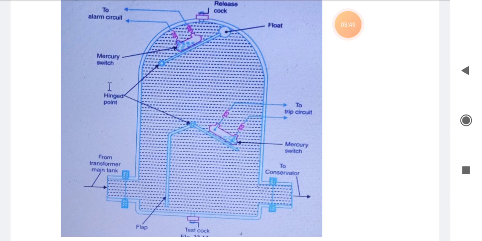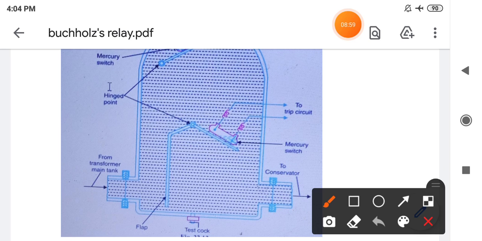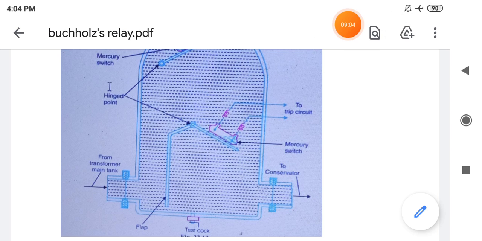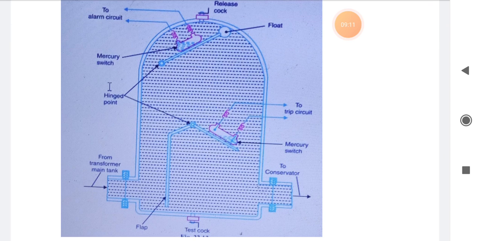You can test the oil by collecting a sample from the test cock, which is located exactly at the bottom. This is the test cock point, from where you can collect a sample of oil and send it to the laboratory, and they will test its performance. If it is found to be okay, the transformer will continue in service. If the oil is found to be deteriorated, then we have to top up the oil.